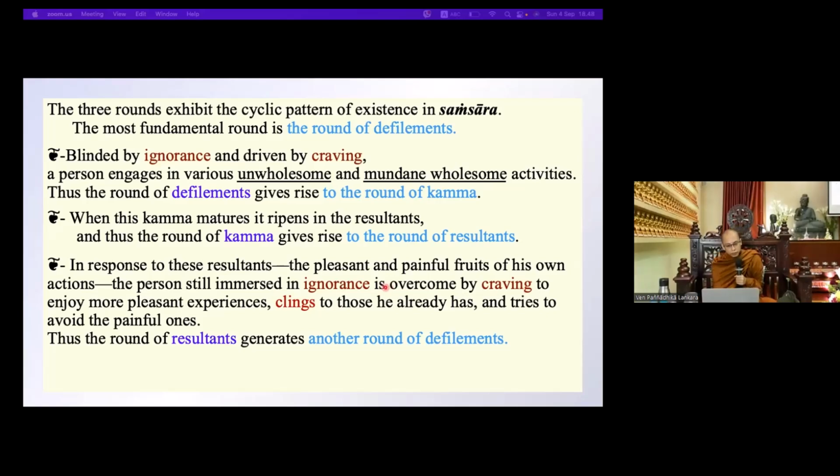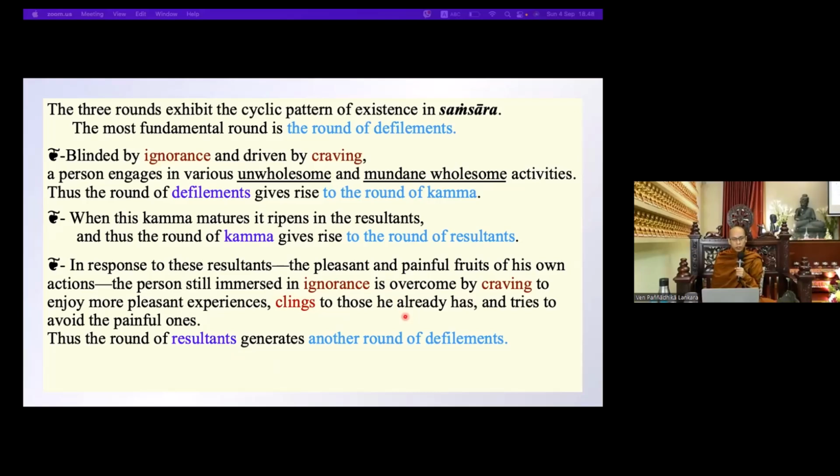So when it arises, the ignorance and craving and also clinging, upadana, lead to another round of defilements, to cause the round of karma in the present life.